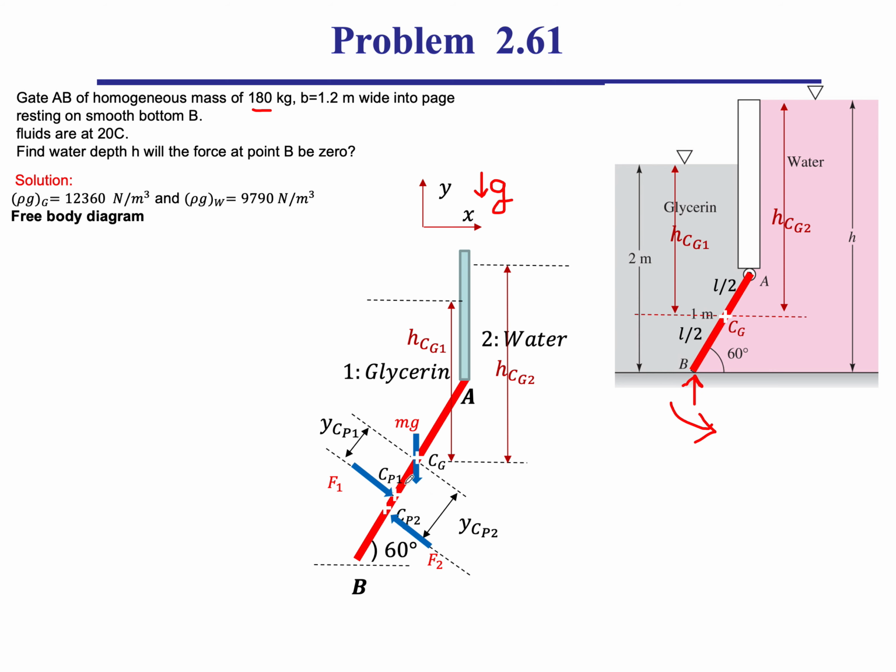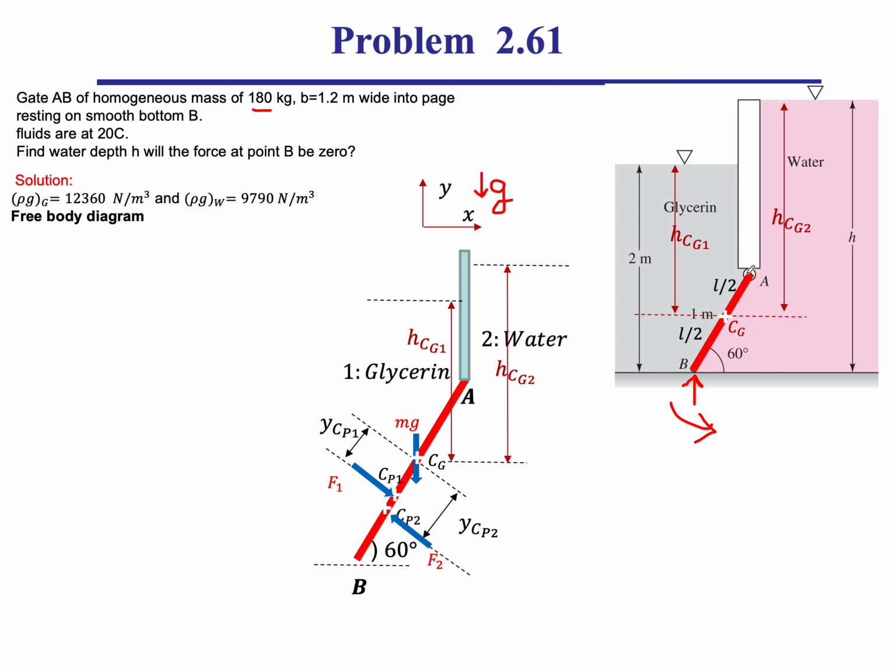And the reason why we have CP1 and CP2 located deeper than the center of gravity goes back to the formulas that we have found before. Very simply, let's look at the glycerin side. The force on the glycerin side is due to pressure.